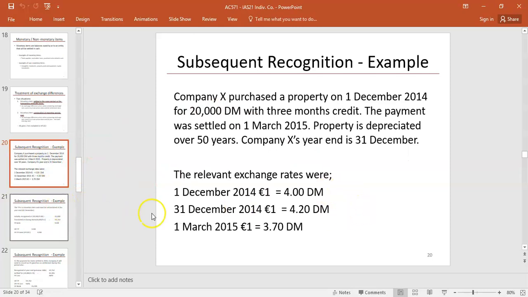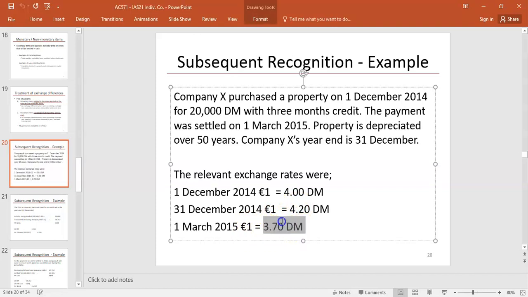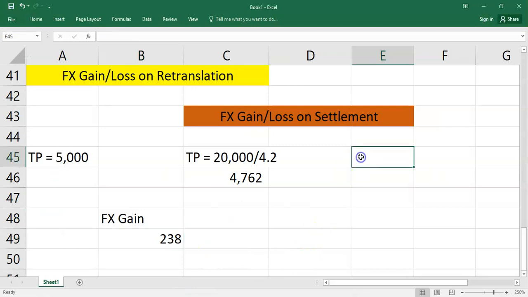In 2015 then, the exchange rate has moved the other way. The euro is weakening. That means the DM currency, the Deutschmark, is strengthening. So we still owe 20,000 and we're going to pay it on the 1st of March. So on the 1st of March, we pay 20,000 of the foreign currency and the exchange rate is 3.7.